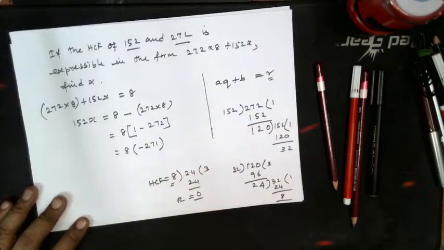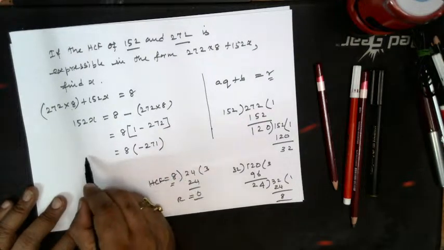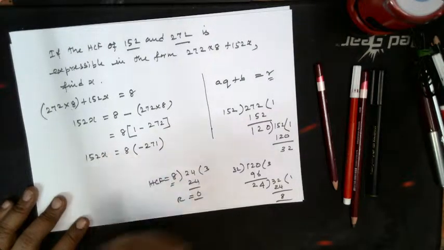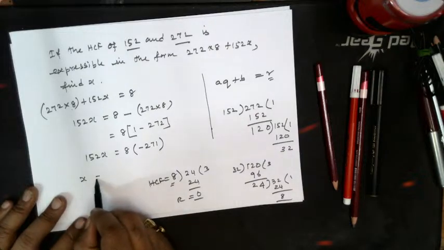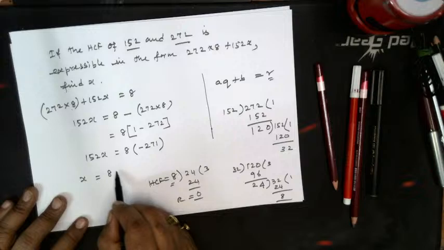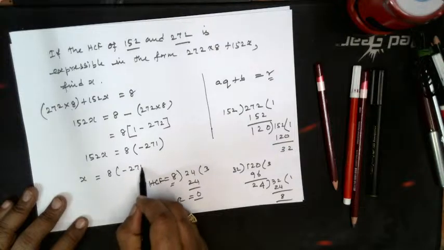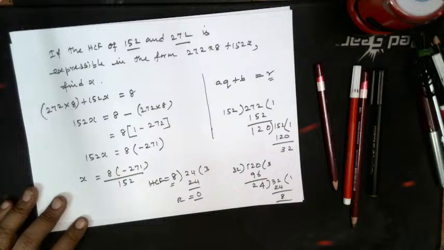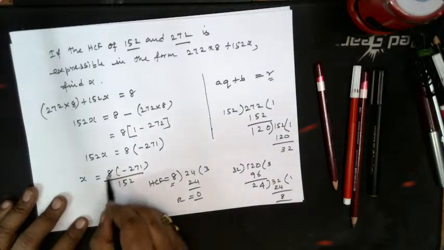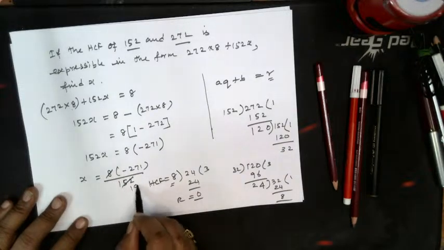Okay, so now you have 152x. Got it? Therefore x is equal to 8 into minus 271 divided by 152. So this goes 19 times.